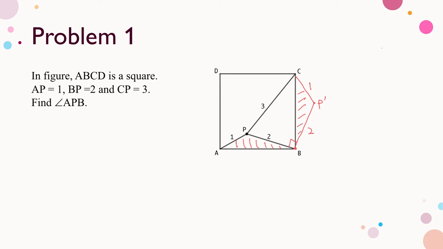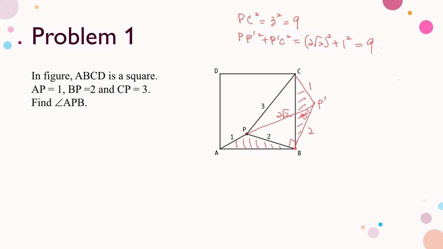Since triangle BPP prime is an isosceles right angle triangle, we have angle BP prime P equals 45 degrees and PP prime is 2√2. Now, consider triangle CPP prime. 3 is the longest side, whose square is equal to the sum of the squares of the other 2 sides.